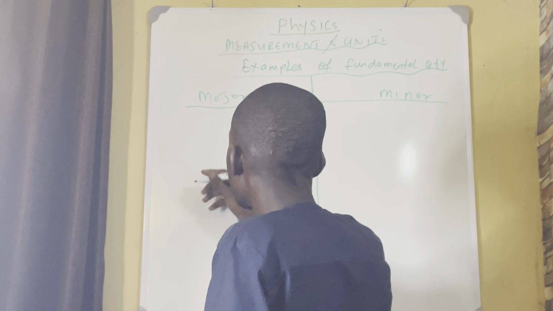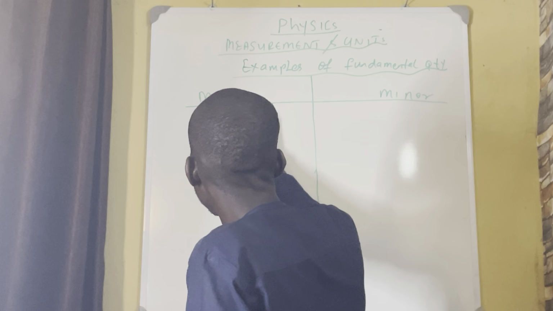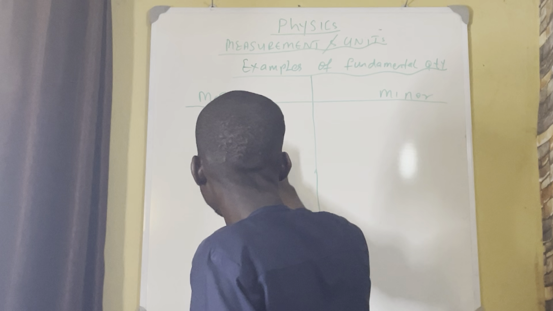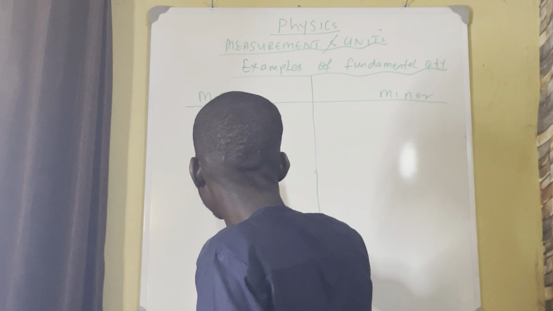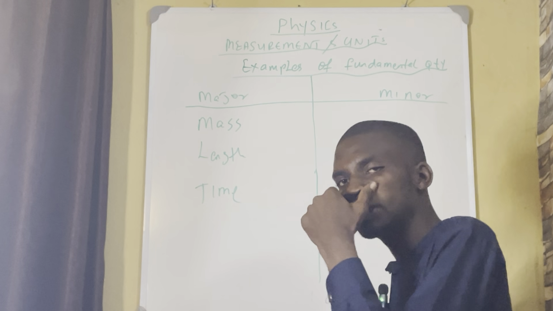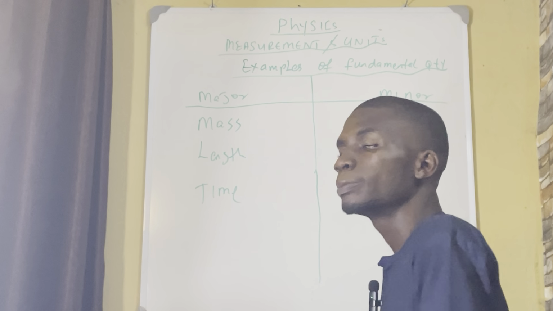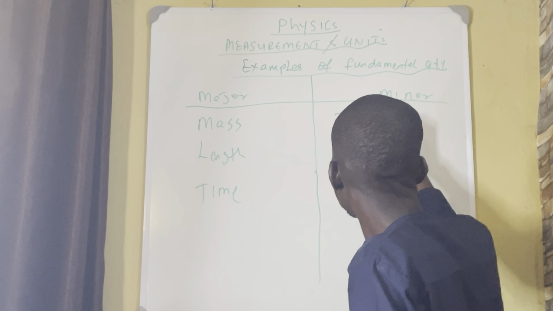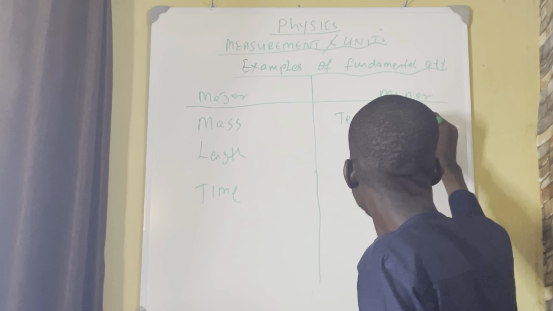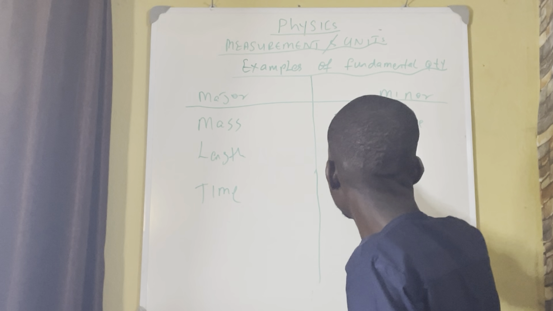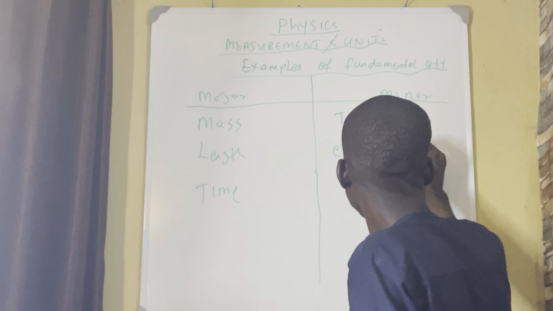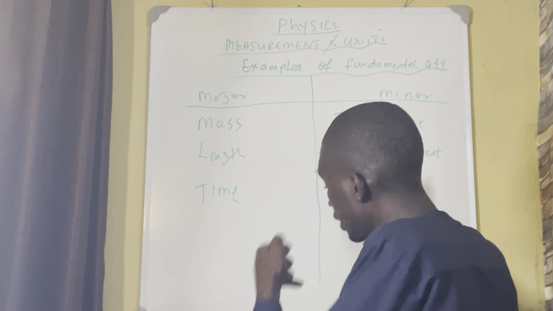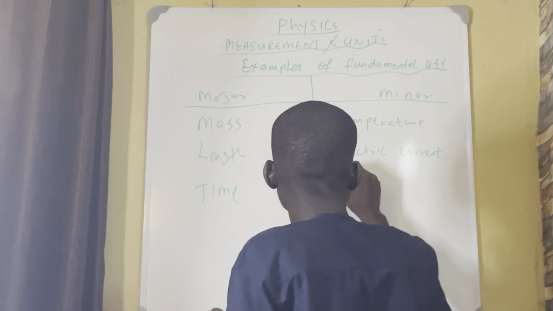So the major ones are mass, length, and time. So now the minor, this is where you talk about the temperature, the electric current, and amount of substance.